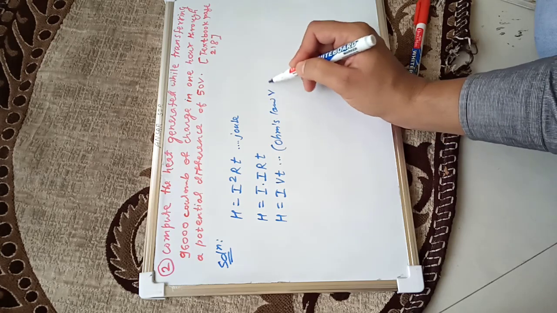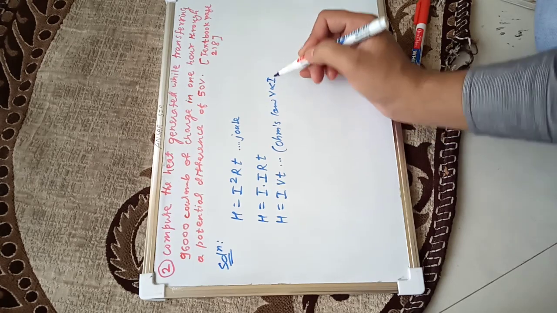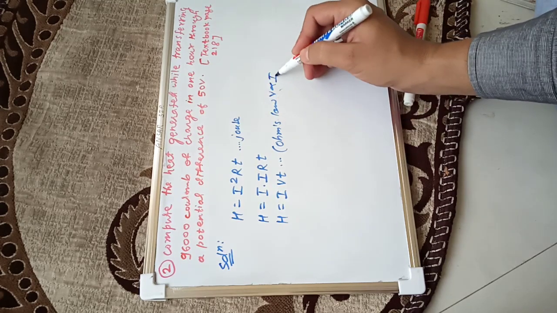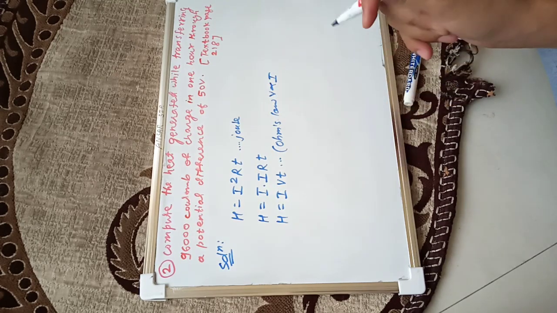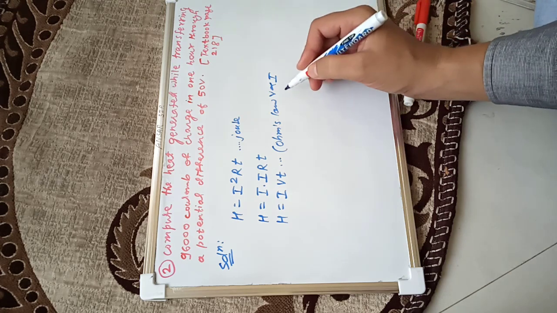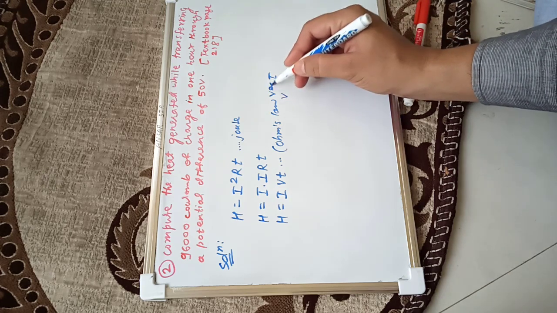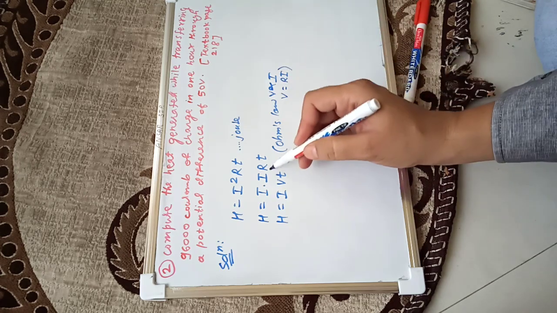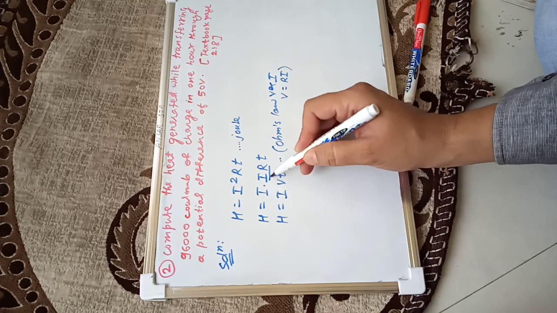V is directly proportional to I. Increase the voltage and current also will increase. Potential difference is directly proportional to current if the resistance is the same. So when we remove the proportionality sign, we get V is equal to IR. So instead of I into R, we have put V.